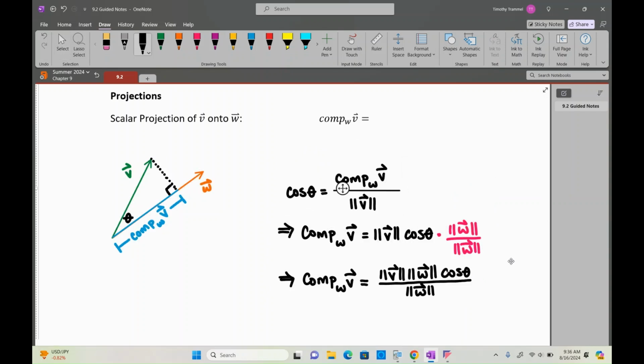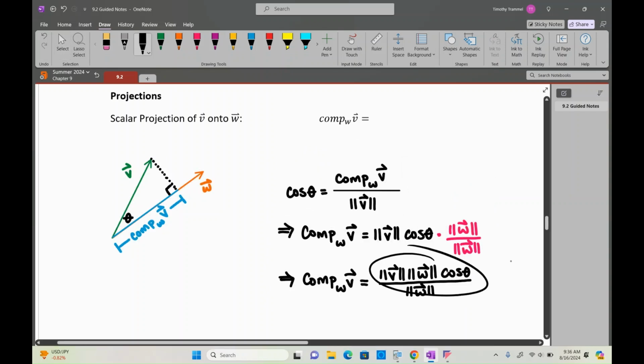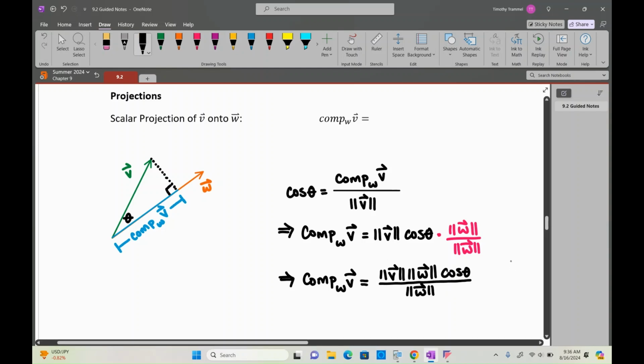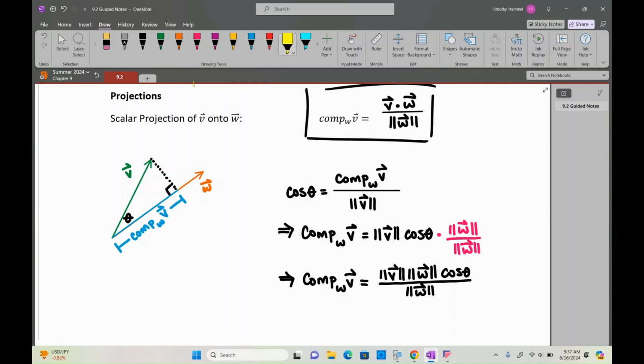And if you look at the top here, the magnitude of v times the magnitude of w cosine theta, that's just the dot product of v and w. So for my final formula, I'm going to write v dot w divided by the magnitude of w. So that's how we'll compute what we'll call the scalar projection.